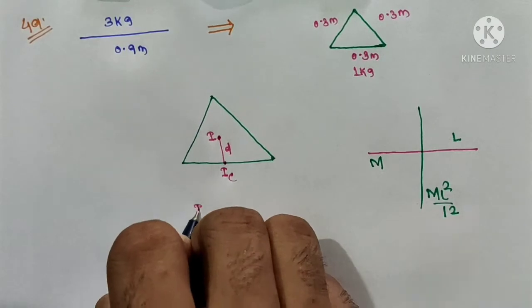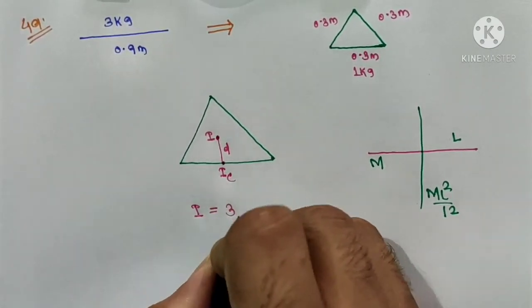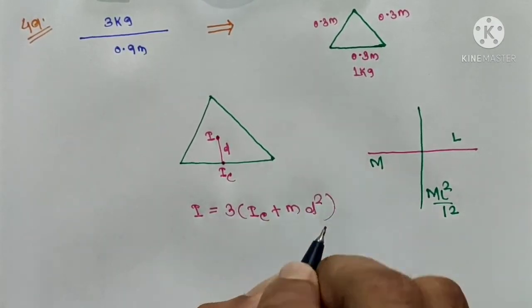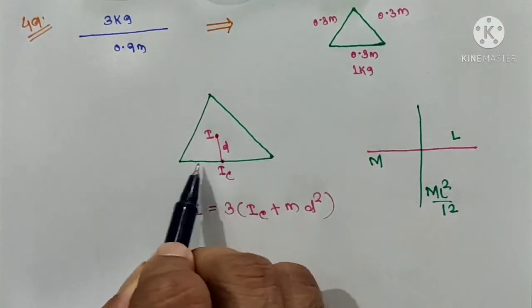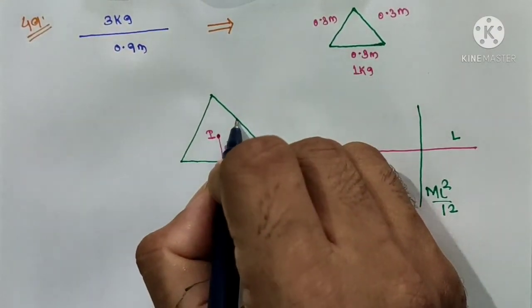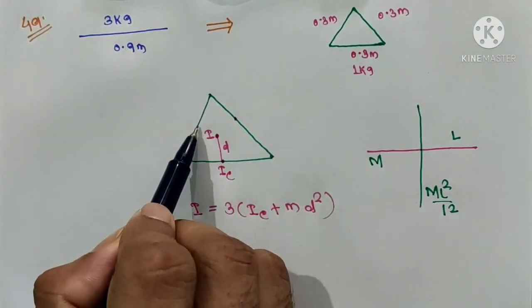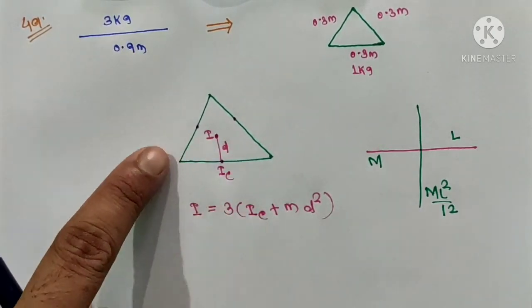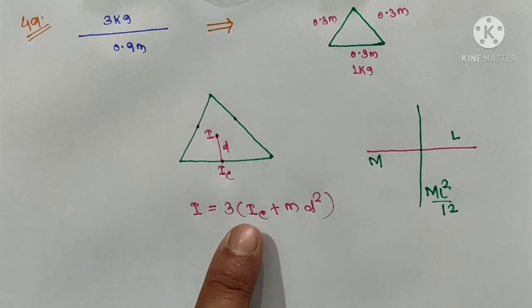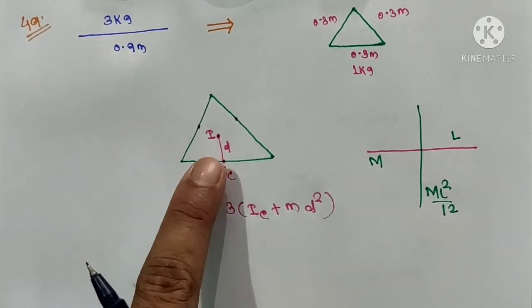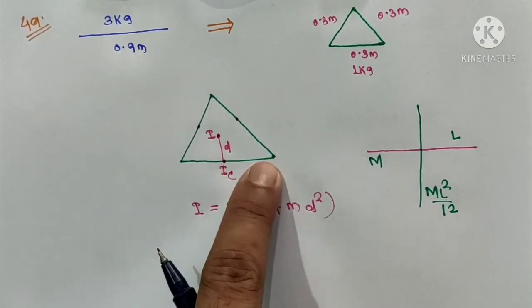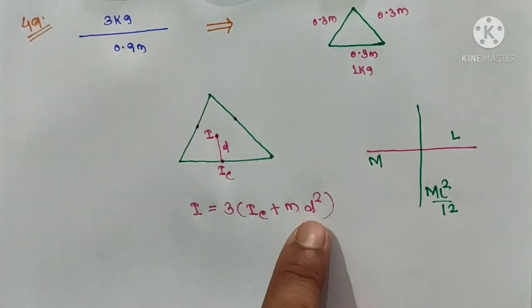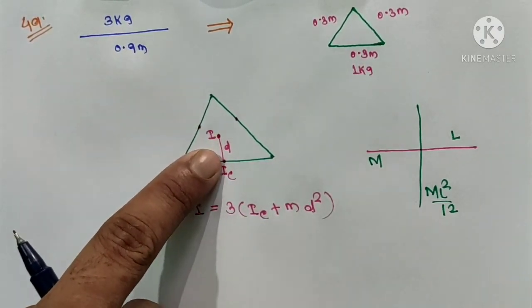Now I will be given by 3 times (IC plus md square). See, for this side it will be IC plus md square, similarly for this side IC plus md square, and for this side IC plus md square. So the total moment of inertia about this axis will be 3 times (IC plus md square), where IC is the moment of inertia about an axis passing through the center of one side and perpendicular to the side. M is the mass of one side. D is the distance between this center of mass and this center.